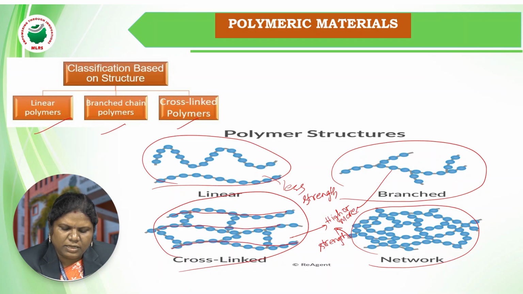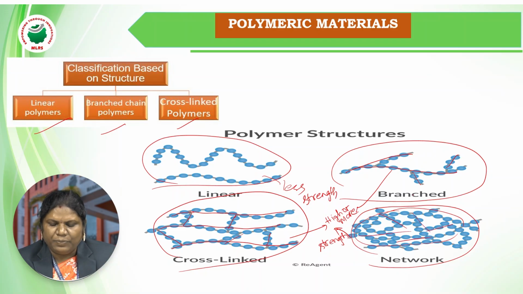These are the linear straight chain structures, and these are cross-linked between the branch structures. That's why they are difficult to break, and they are very hard when compared to the linear polymers. These are the network polymers. They will be arranged in a zigzag manner. These are the classification based on the structure: linear, branched, cross-linked, and network polymers.